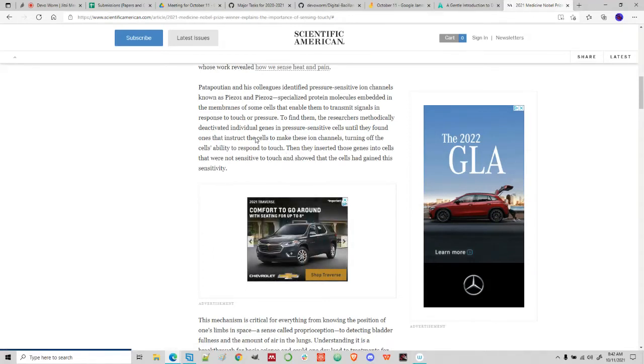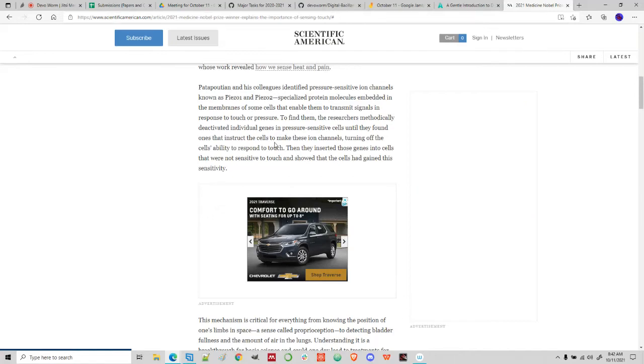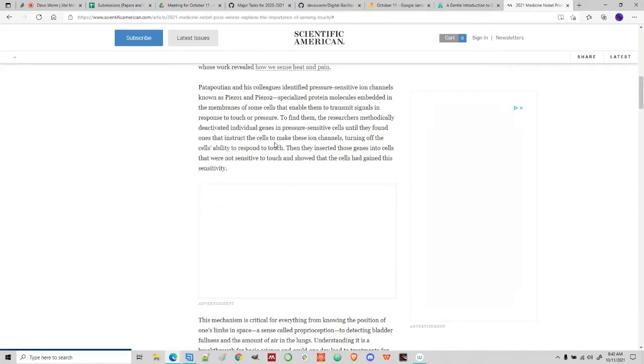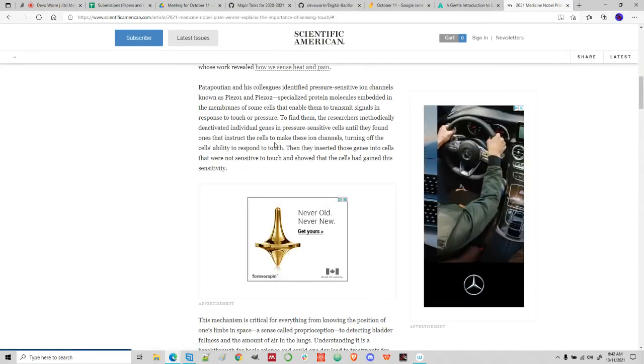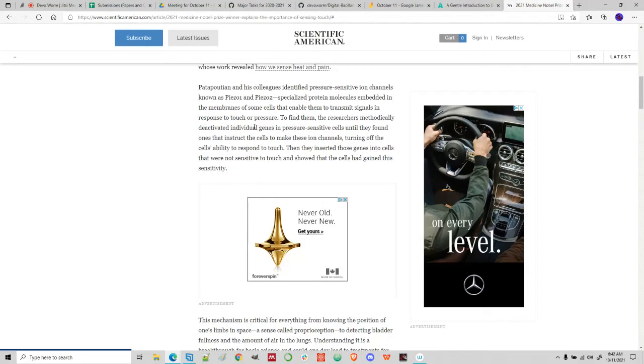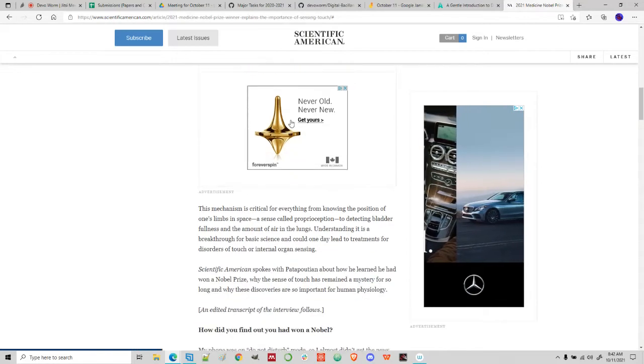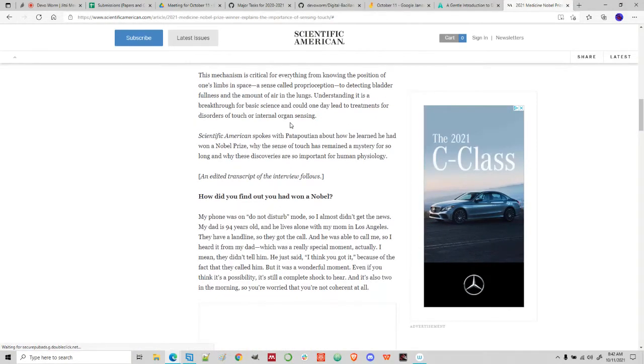There was a lot of work that went into this. They had to figure out which genes were responsible for creating these proteins. They had to do a lot of what they call screens, which means they had to test a bunch of different genes in parallel and try to figure out the one that had the biggest effect on the thing they were testing. That's a lot of hard work.